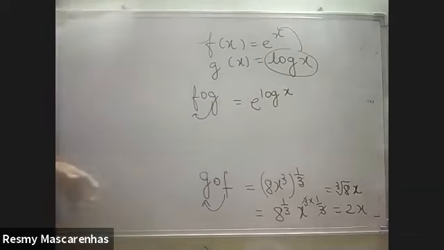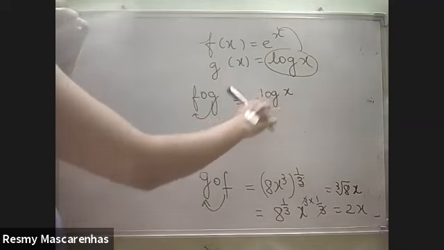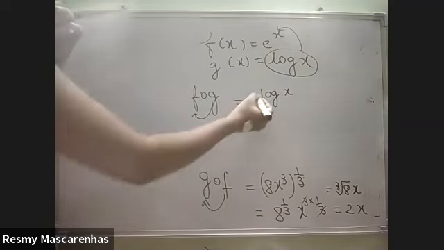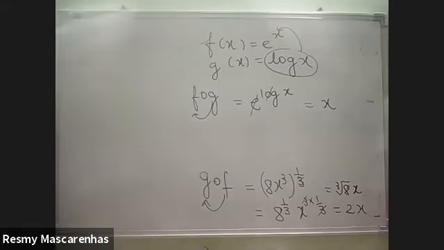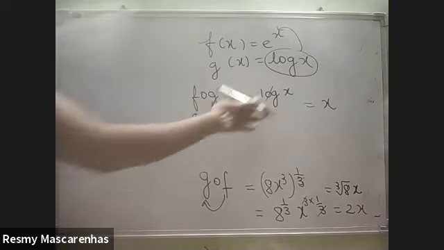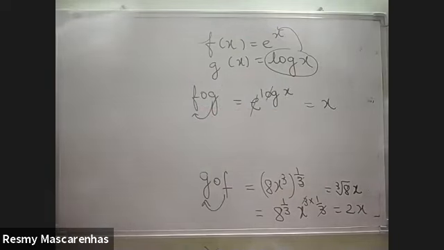Log x. And I always told you there is one property in derivatives which we had done. E and log, if it is always there, you can directly cancel. And the answer will be x. E raised to log of something, e and log cancel out and only x will remain.